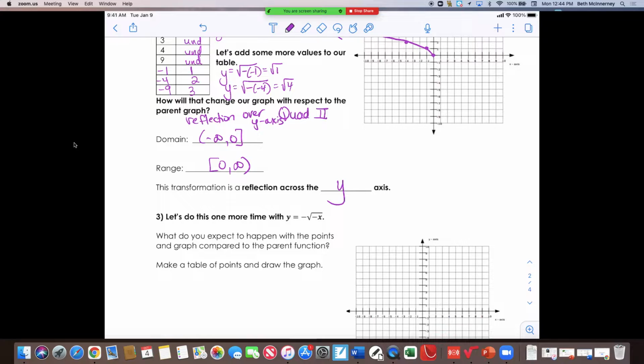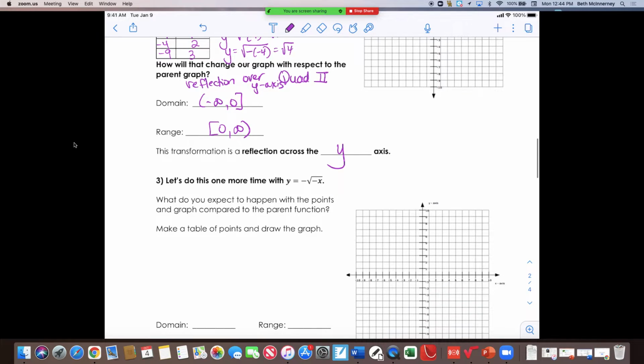Now let's do one more where we do both, a minus out front and a minus underneath. So let's make a table. I can plug 0 in and that's 0. Can I plug in positive 1? What happens if I plug in negative 1?